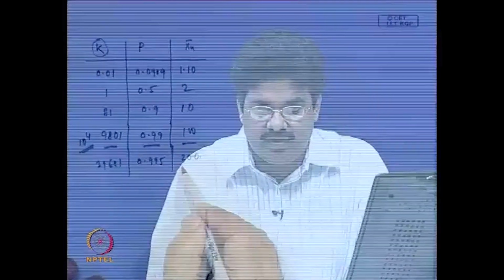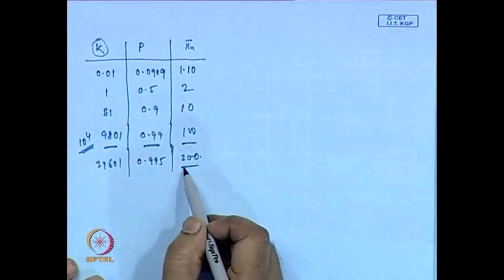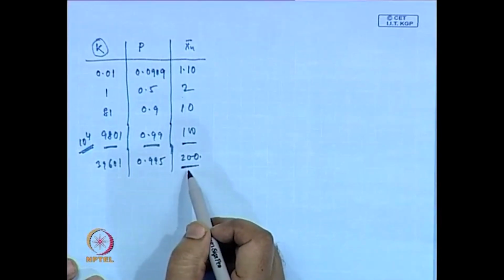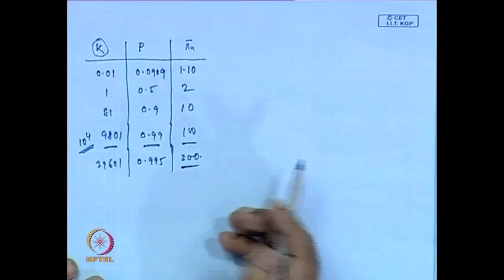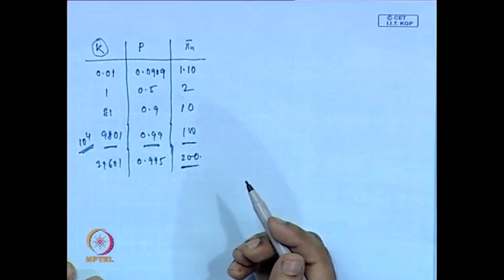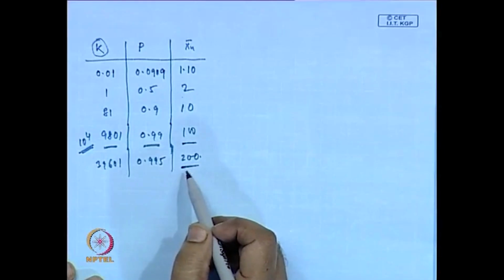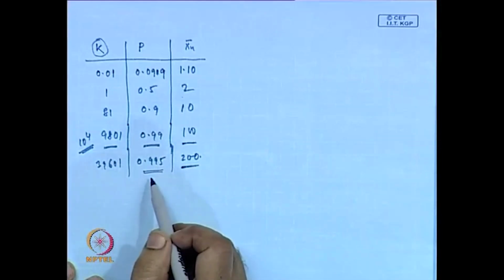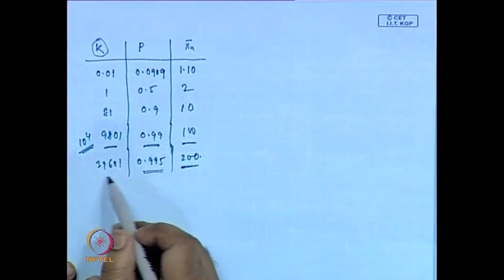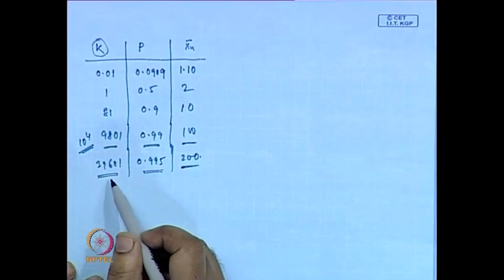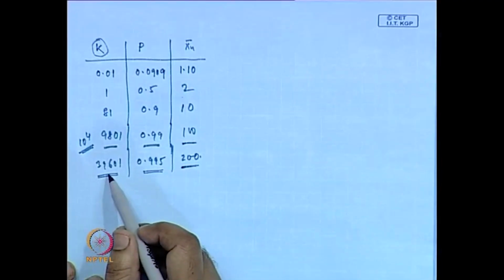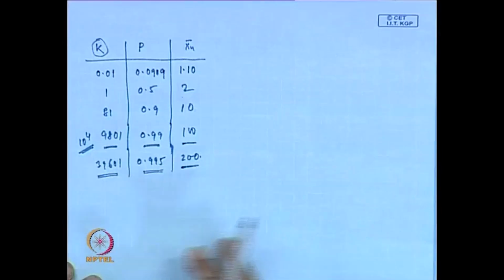And if you talk about a degree of polymerization of 200, which is probably the number we look for when we make a high molecular weight polymer, then your equilibrium conversion has to be 0.995, which means K is of the order of 10 to the power 5. That means the reaction has to be very much towards the product side, reactivity has to be very high, which is seldom the case.